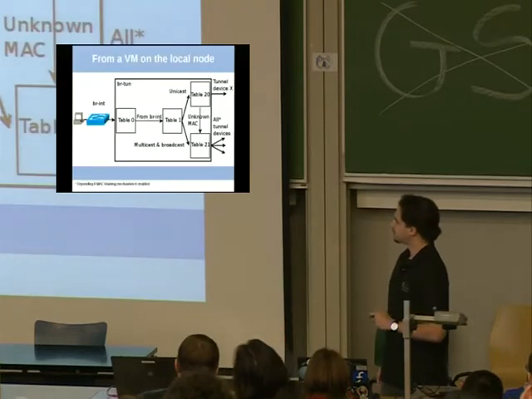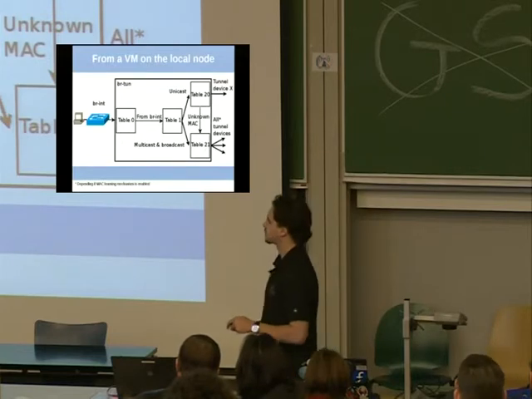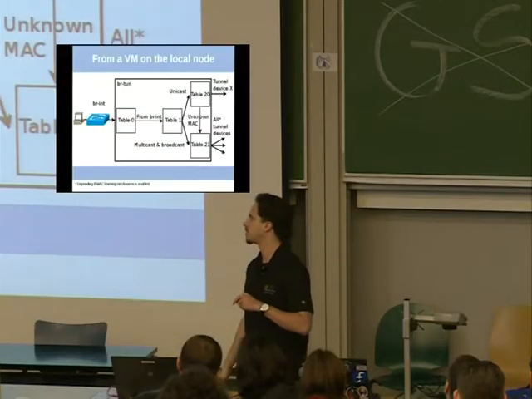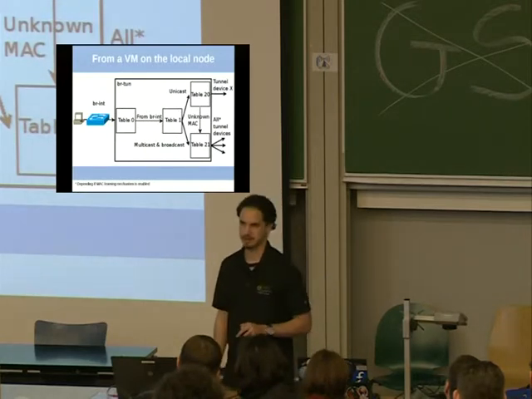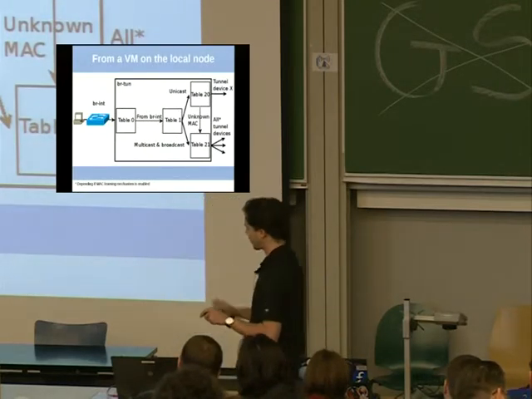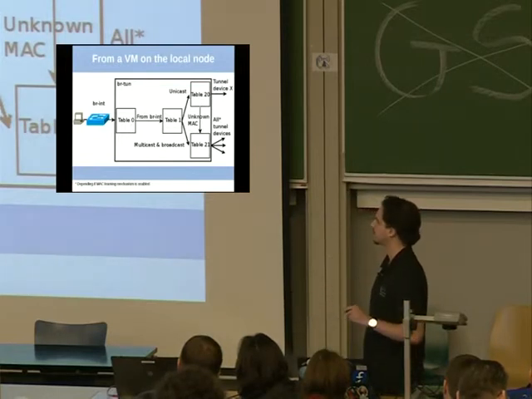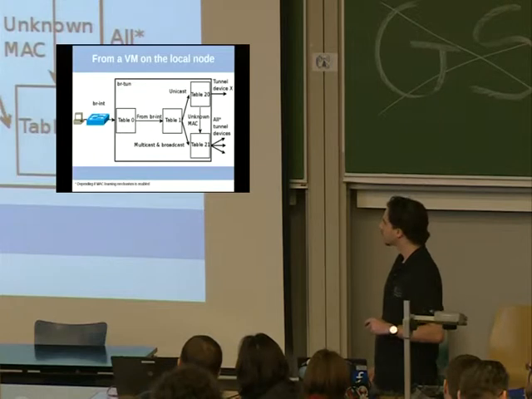Logically speaking, what's the flow table? How do we use these different tables, or how does the logic work? Traffic that's coming in from a VM on the local compute node, a VM connected to the integration bridge, and all VMs are connected to that bridge, enters the tunneling bridge, which is represented here.